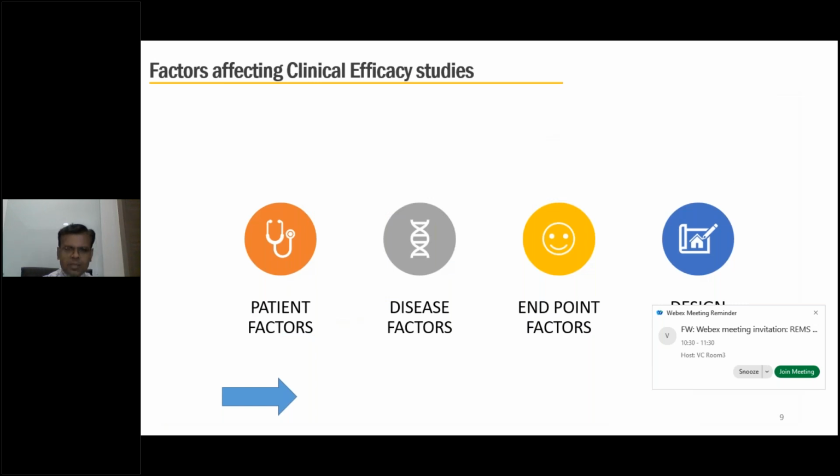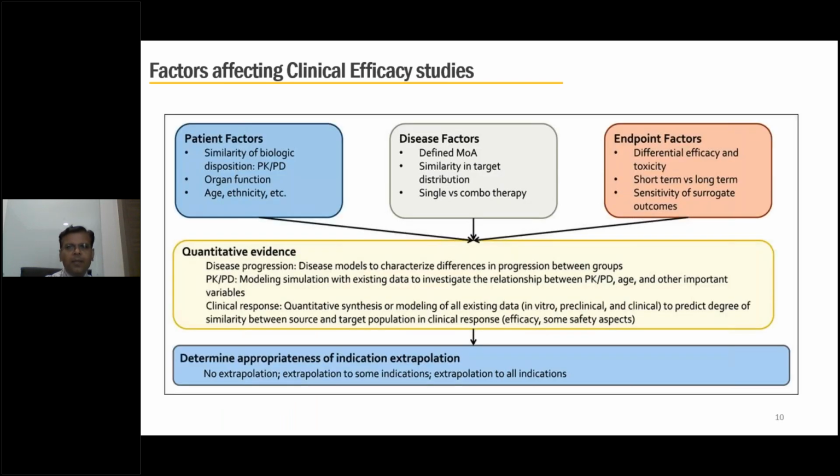So I just tried to break down this presentation into various factors which typically affect the efficacy studies conducted for biosimilars. When we come to efficacy studies of biosimilars, there are key factors taken into consideration, more from the patient perspective, the disease perspective, what you would like to see as an endpoint, and some design factors.